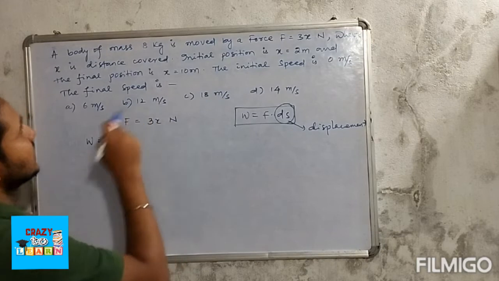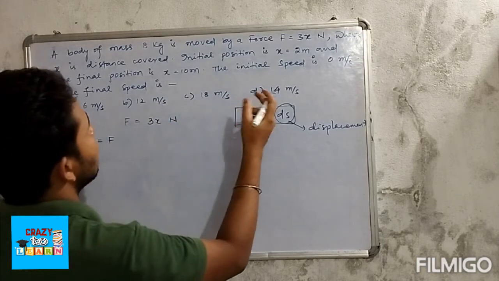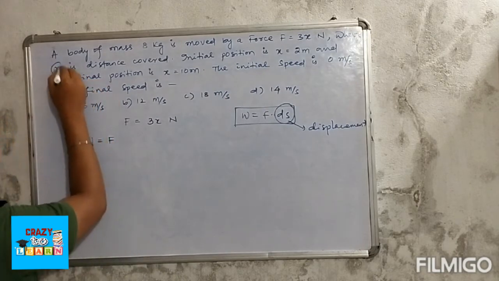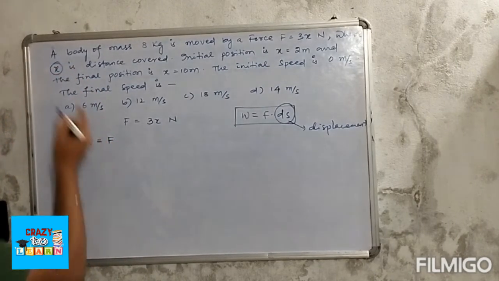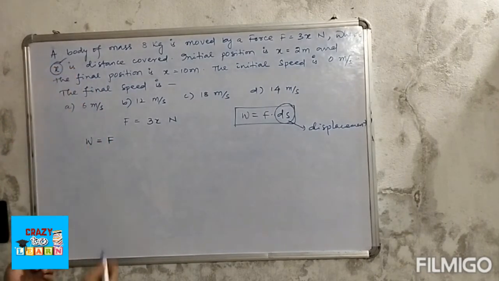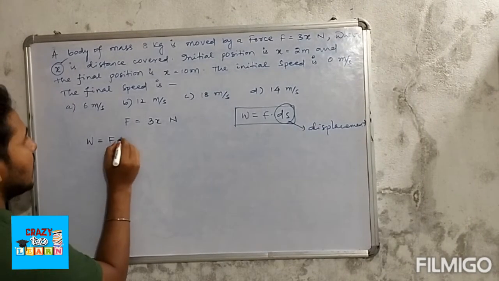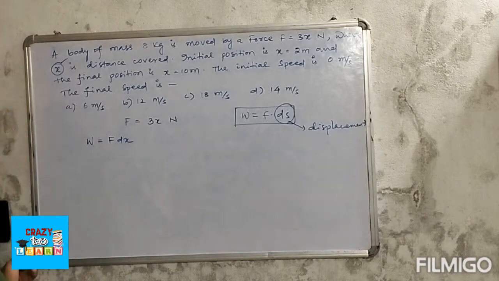But in this given question, the displacement is written as x. Distance or displacement x is given to you. So for this problem we will write W is equal to F dx.